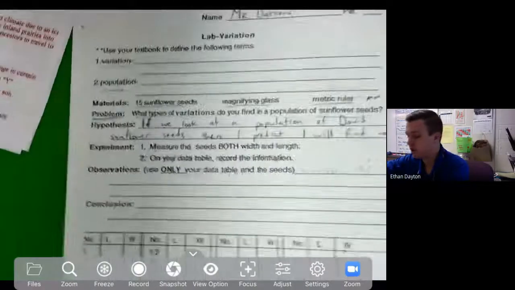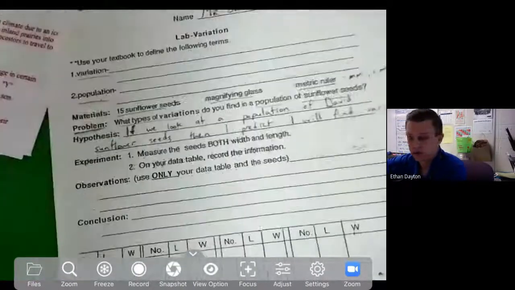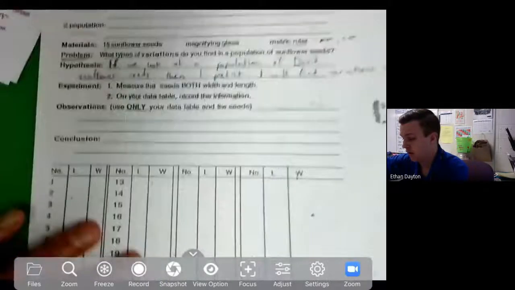What do you think you'll find variations in? Height? Or sorry, length, weight, width, smell, taste.